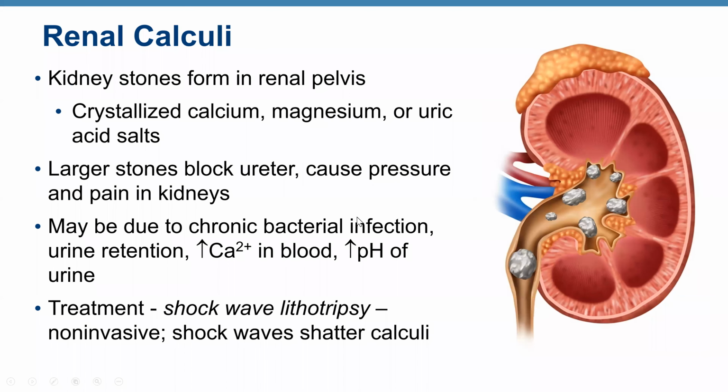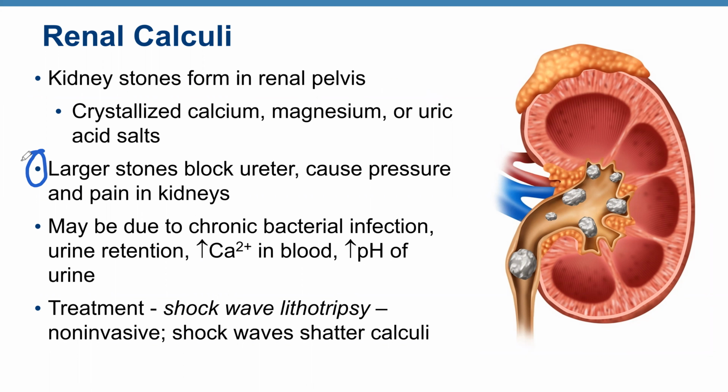Now, some homeostatic imbalances of the urinary system. The first, renal calculi, or kidney stones, that form in the renal pelvis. So here's our kidney, and that's a renal pelvis, and here's the formation of kidney stones. Kidney stones are crystallized calcium, magnesium, or uric acid salts.